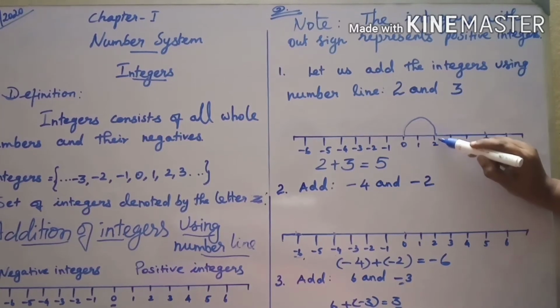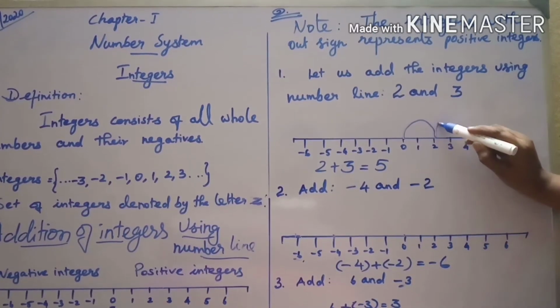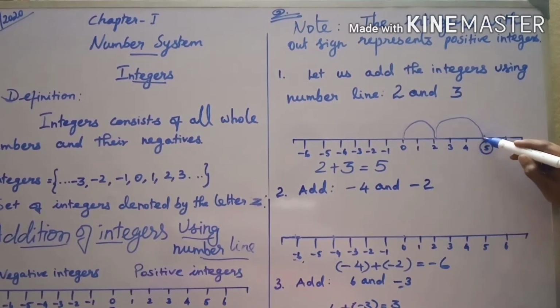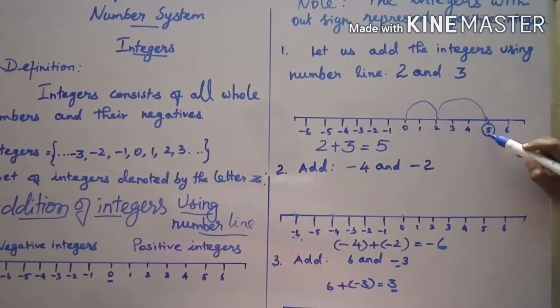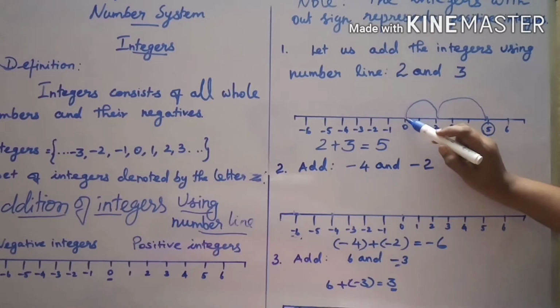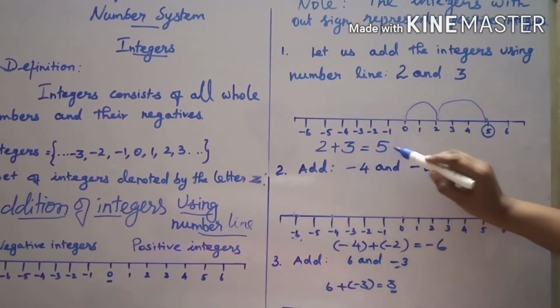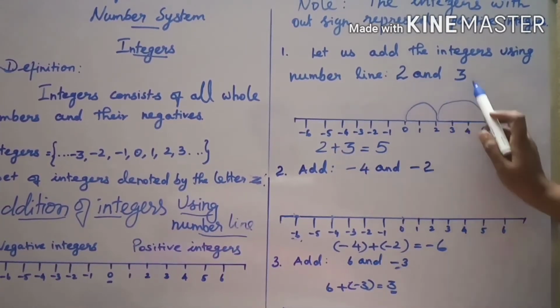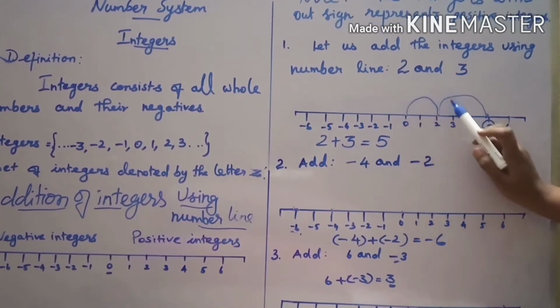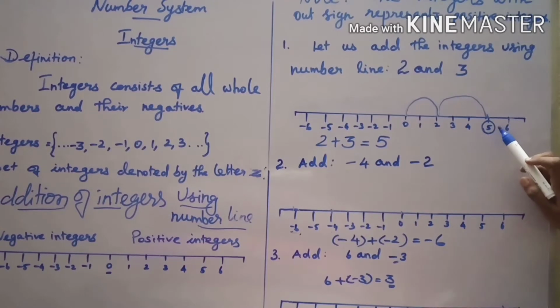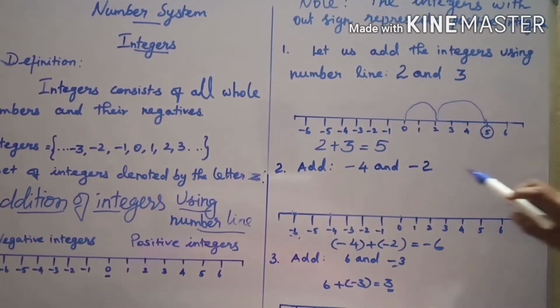Then from here, again move 3 steps forward to reach at 5. Now 2 plus 3 is equal to 5. Both are positive, so we have to move towards positive direction. Right? Am I clear? Right. Next sum.